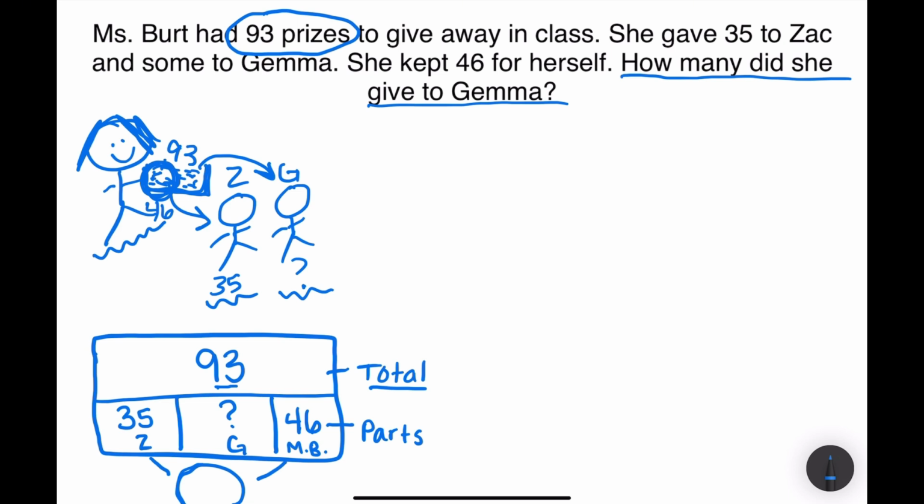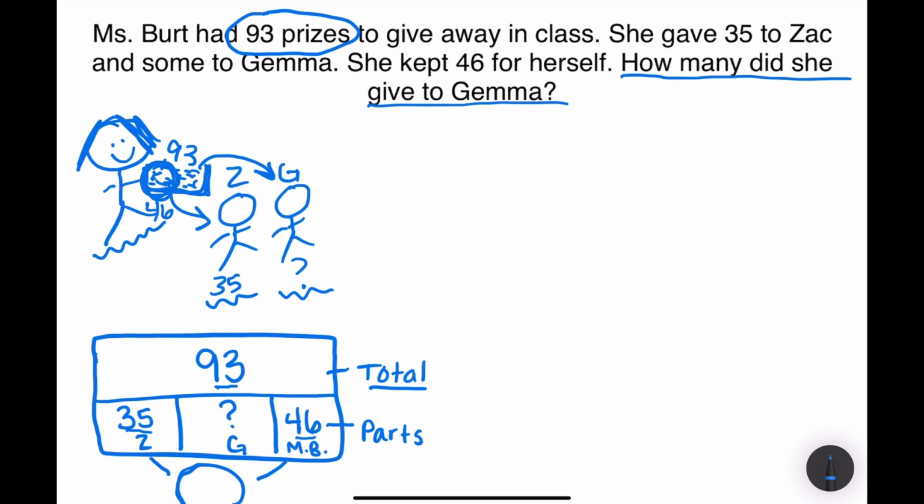So that's what I'm going to do. Another way of doing this is that you could start with 93 and you could take away 35 and then you could take away 46 to find out what's left over. And that way you're doing 2 subtraction problems. The way I'm gonna do it, we're just gonna do 1 subtraction problem. I've been a teacher for a really long time, and I know that subtraction can be kind of tricky.